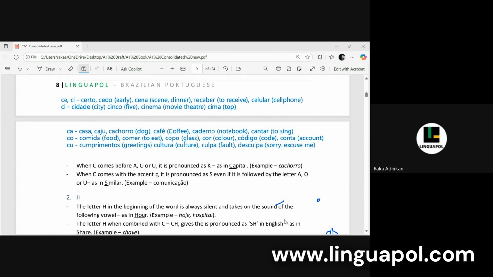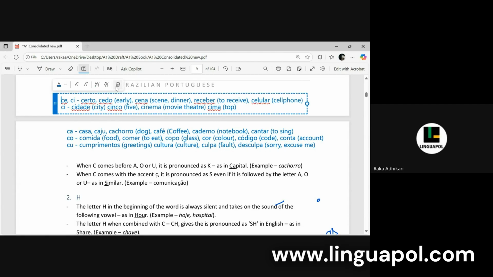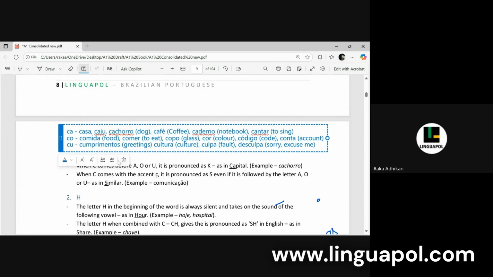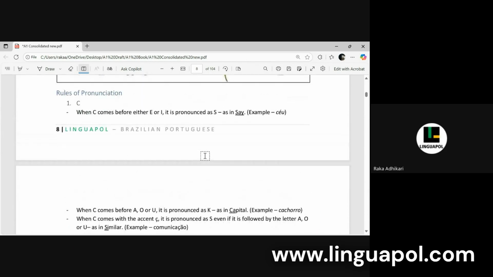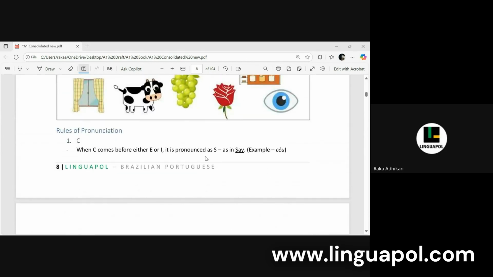So does anyone know what vowels are? How do we differentiate between vowels and consonants? What exactly is it? Why did we have to categorize our alphabet into vowels and consonants? What is the logic behind it? Yes, Ashish?